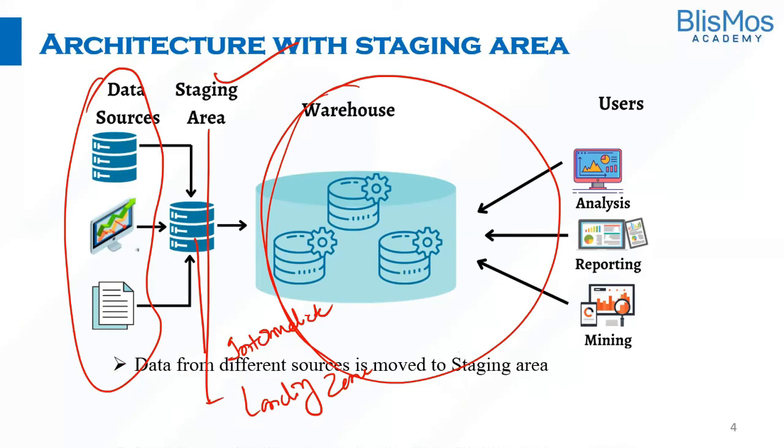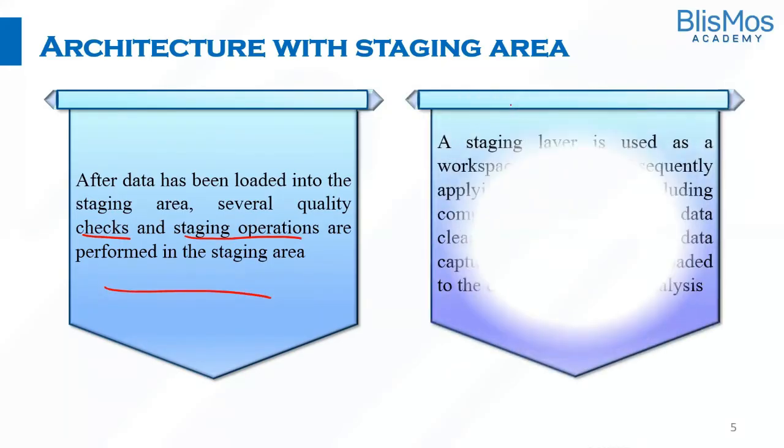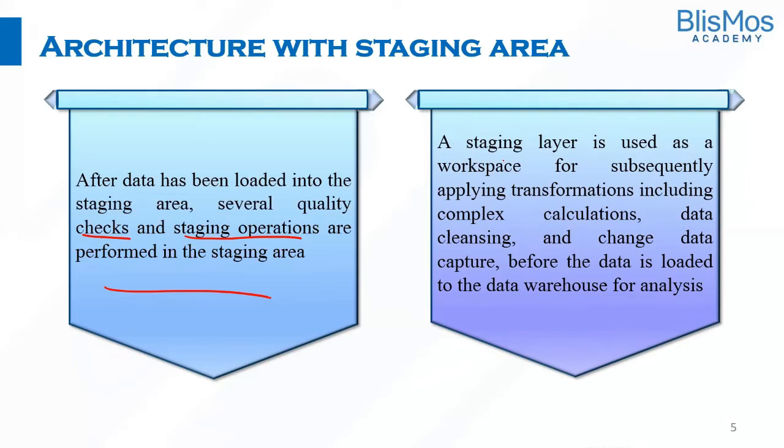From here, the data is subjected to transformation and loaded into the data warehouse. In the staging area, some quality checks and some staging operations are also performed. Once we have the data in the staging area, the transformations are subsequently applied, and then the data is loaded into the data warehouse.